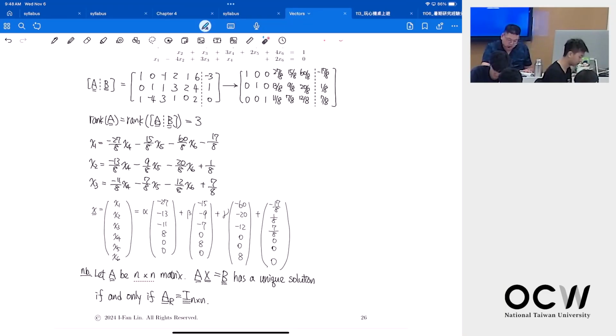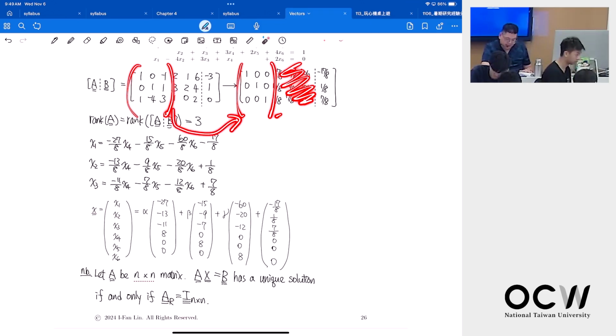So if my matrix A is only the first 3, you don't care about that, the reduced matrix is an identity matrix 3 by 3, then definitely I have a unique solution.